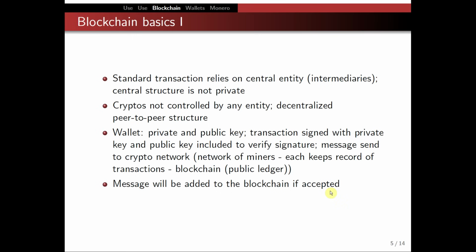So when you think about standard money flows, you have a centralized system. So you have intermediaries, you have banks, for instance, that are able to verify transactions. If you move money from one bank account to another bank account, you use these intermediaries. And of course, that also means that information is in a way concentrated. Yeah?